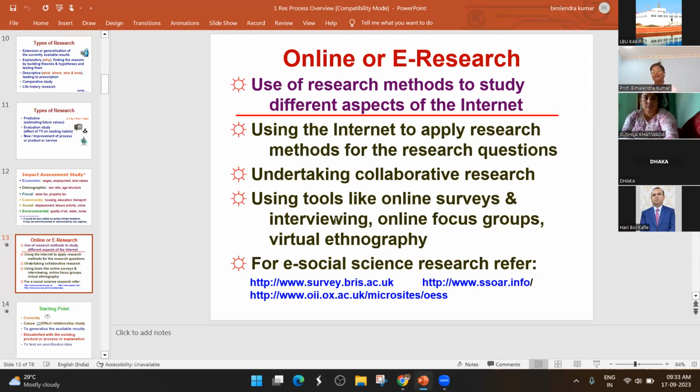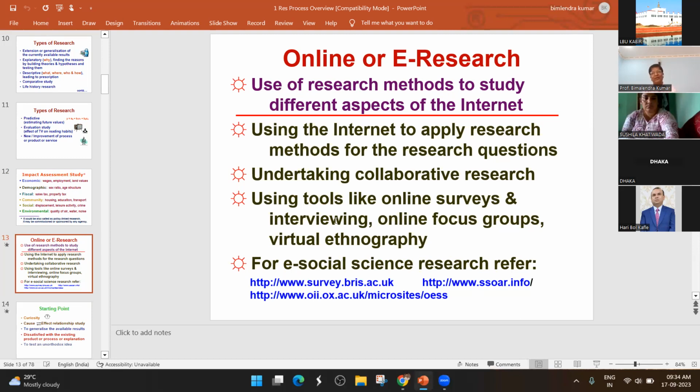Now people are taking help of the internet for raising research problems in their research courses, and for developing research questions. All the books are not available in the libraries of the university or any proper place.